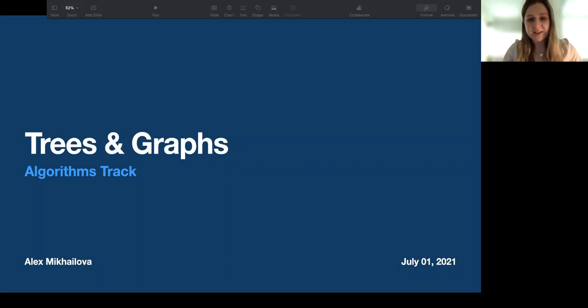Trees and graphs are special sorts of data structures. I just want to quickly say that my talk today is tailored for complete beginners, so people who haven't really heard much about trees and graphs before. So we'll focus on the core concepts today.